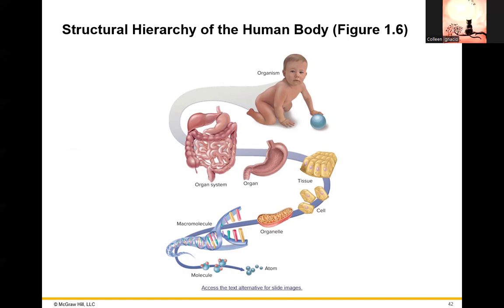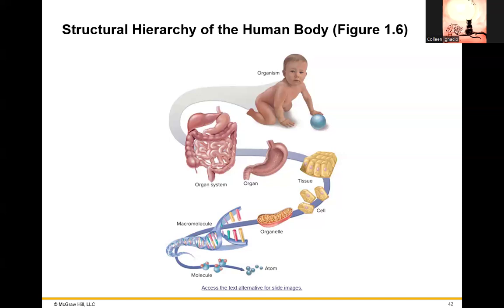Organelles combine to form cells. Now, these cells that are like-minded in their structure and function form tissues, and tissues then form organs. Organs work together for a similar function, and they form an organ system. These 11 organ systems then form the organism.